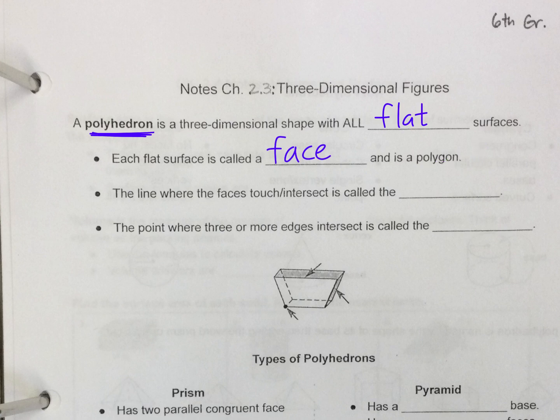The line where the faces touch, we call the edge. And the point where three or more edges intersect, we call the vertex. So I have this shape right here. In this picture, this point where these lines come together, it'd be pokey if you touched it with your finger, that is the vertex.